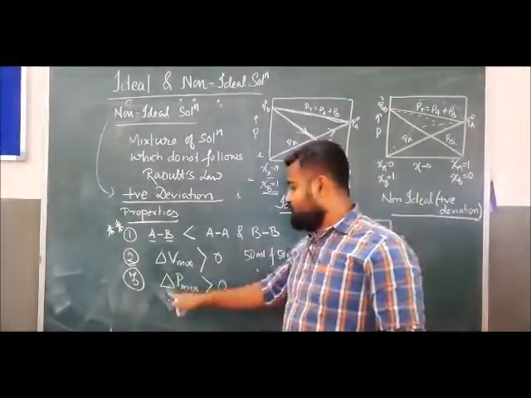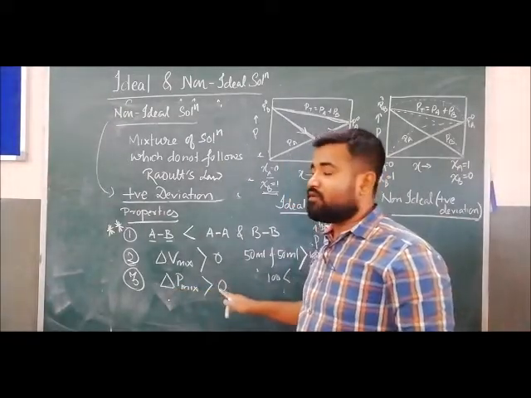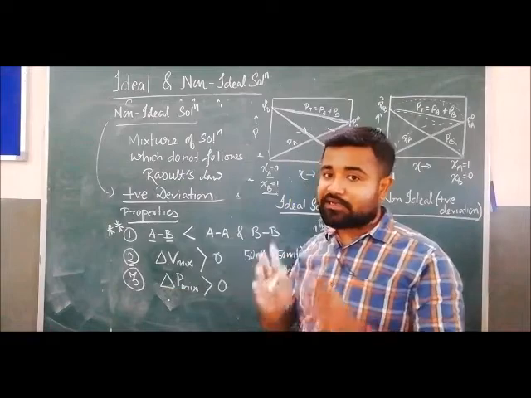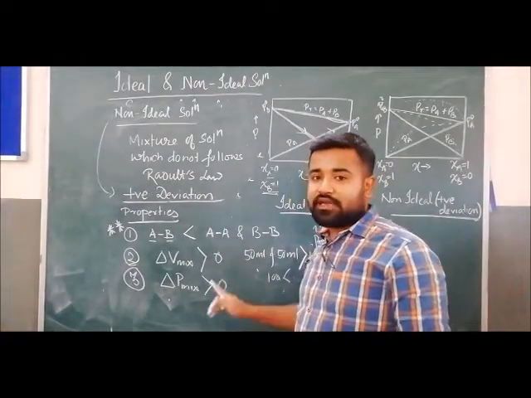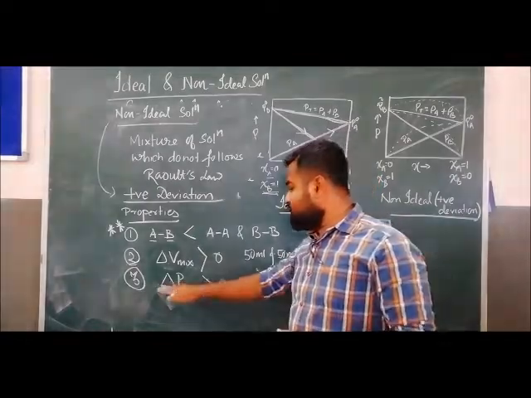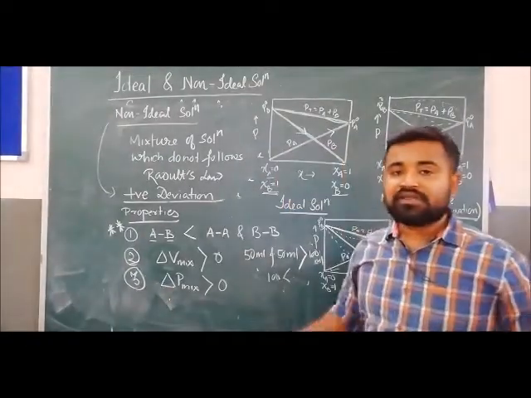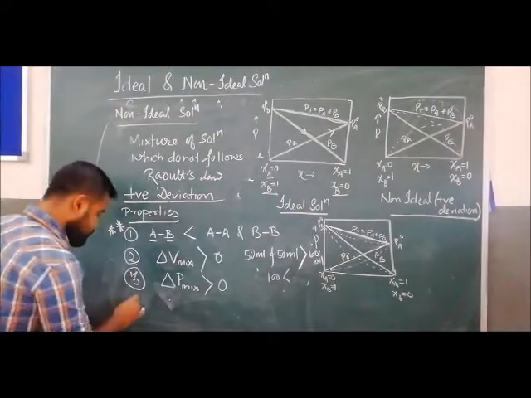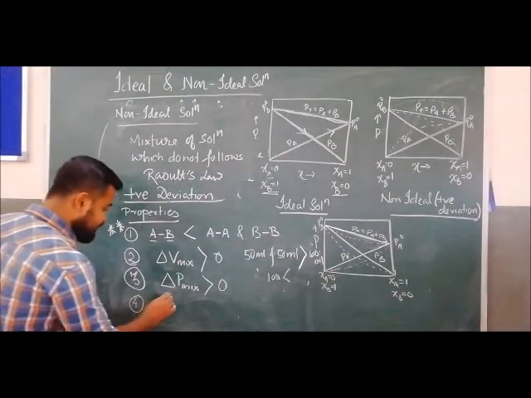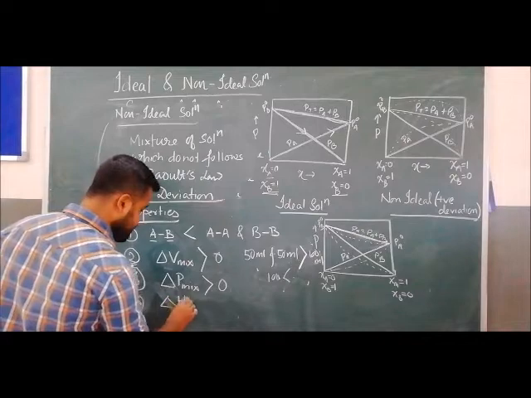So delta P mixing is not equal to 0, because 20 minus 10 is 10, which is greater than 0. Clear?